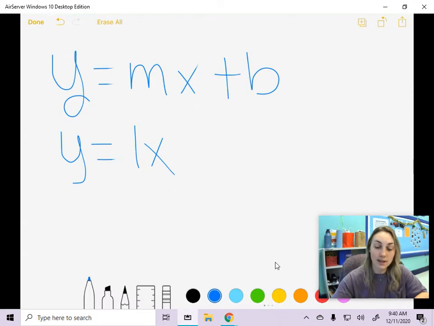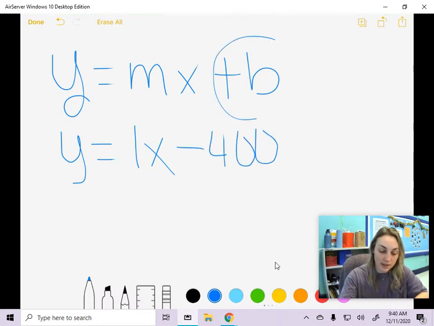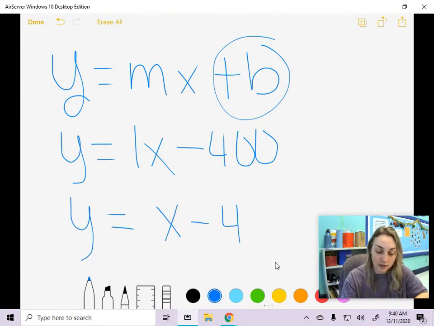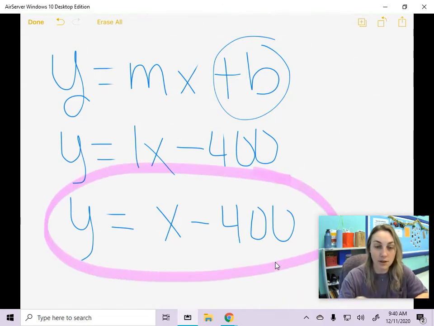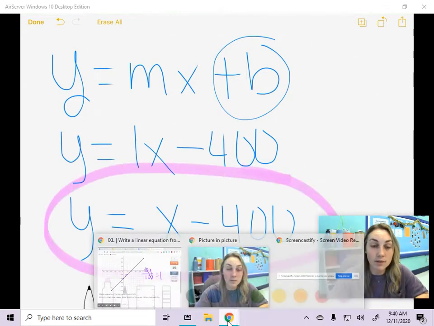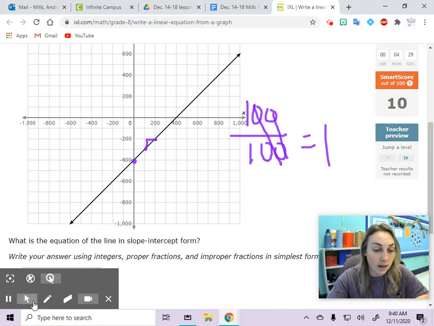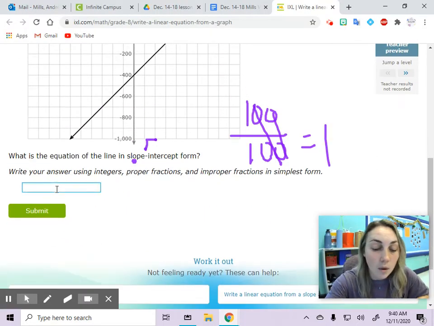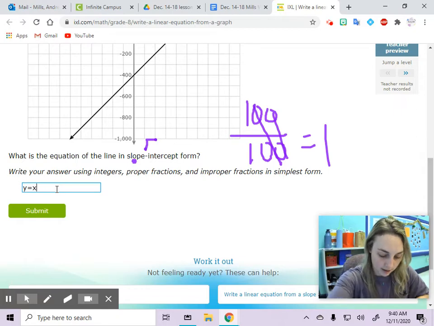So we go back here, and I will put negative 400 where the plus b is, and I can simplify this to y equals x minus 400. And that is going to be our answer. So I'll put this into our answer box. y equals x minus 400.